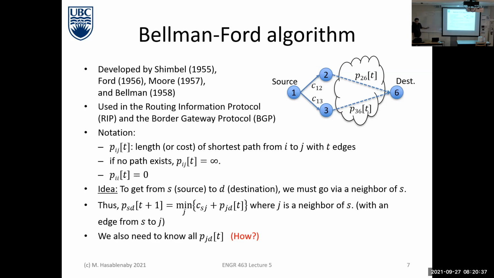So this is our network, and we want to go from the source to the destination. From this figure, you have two ways to reach the destination. Can anyone tell me the first one?